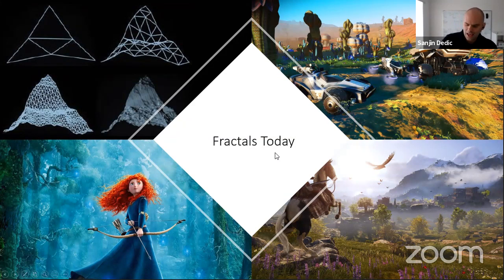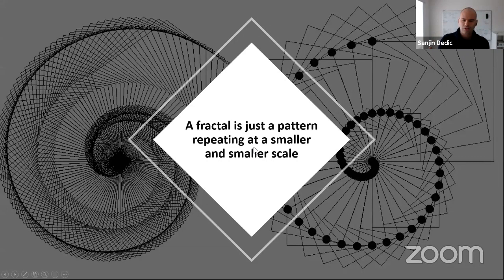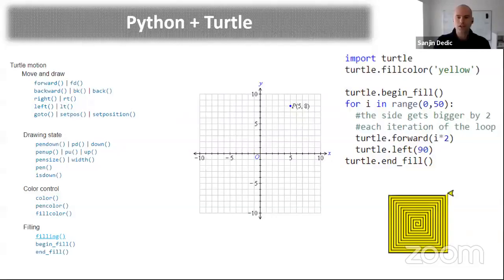So just think back to what a fractal is. It is a pattern repeating itself on a smaller and smaller scale. And what's interesting, and what this workshop is about, is going to be trying to replicate these using very, very simple computer code. So we're going to use Python and a library called Turtle. So Turtle itself has just a very small number of very simple commands: forward, backward, right, left, go to, pen down, pen up.